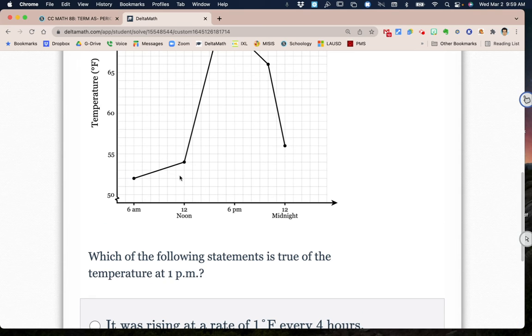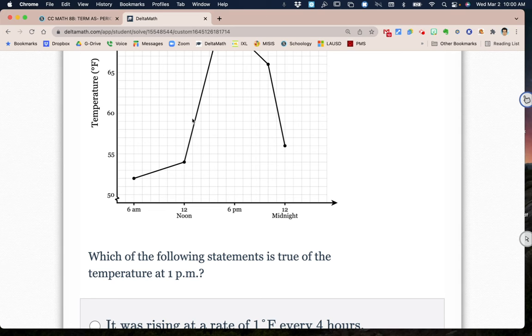Let's see, 1 p.m. is here. So it looks like the temperature was about 58 degrees at 1 p.m., but they're asking about the rate. Let's figure out the rate. How fast is the temperature rising? Let's count over.